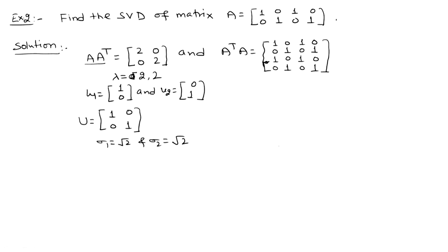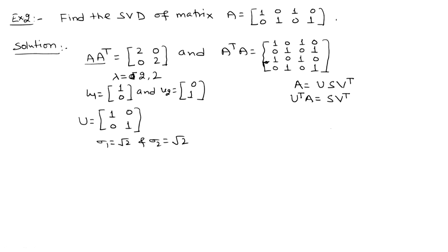Now, I am having A equals U S V transpose, where U and V are orthogonal matrices. So, if I pre-multiply by U transpose, I will have U transpose A equals S into V transpose.